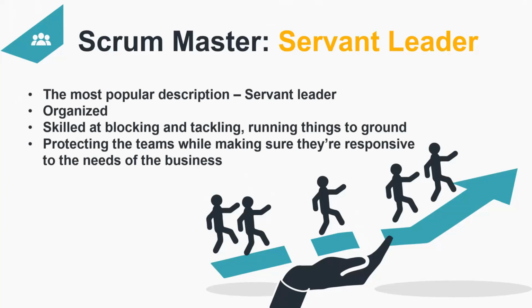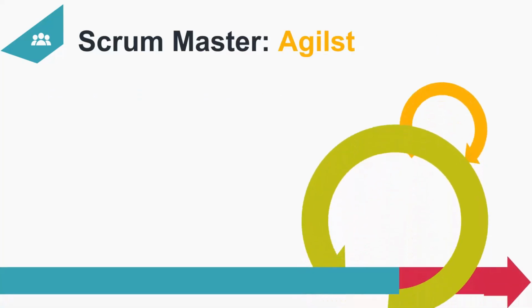This leader is trusted, meaning they can act as a point of contact for cross-team communication. They are organized, skilled at blocking and tackling, running things to the ground, and protecting the teams, while making sure that they are responsive to the needs of the business.